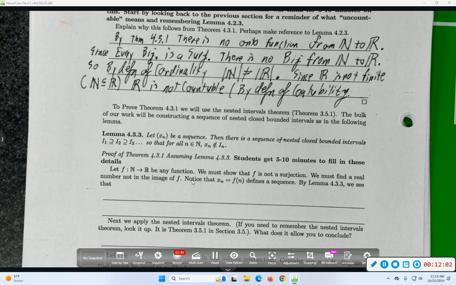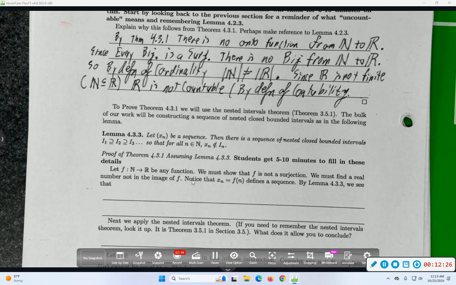Is it like if I_{n+1} is a subset of I_n, there's just some element of, isn't it all of the I's there?